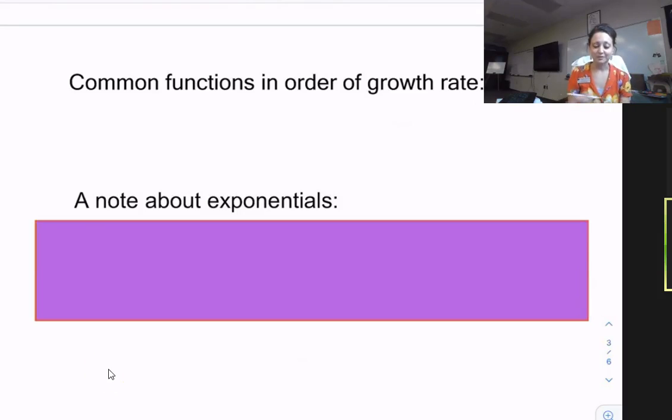All right, so the functions that are in the middle are what you are used to looking at from Algebra 2. Those are your polynomials like x squared, x cubed, those types of functions. Your fastest growing functions are going to be your exponentials.